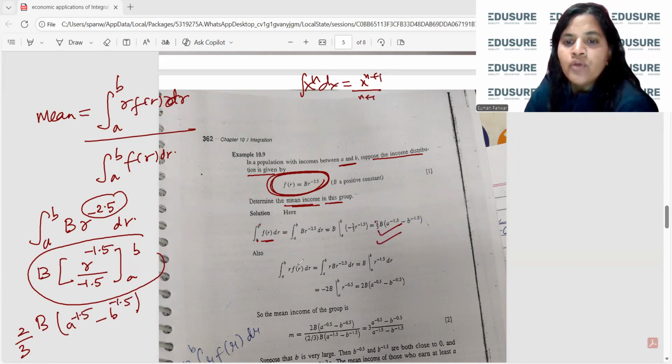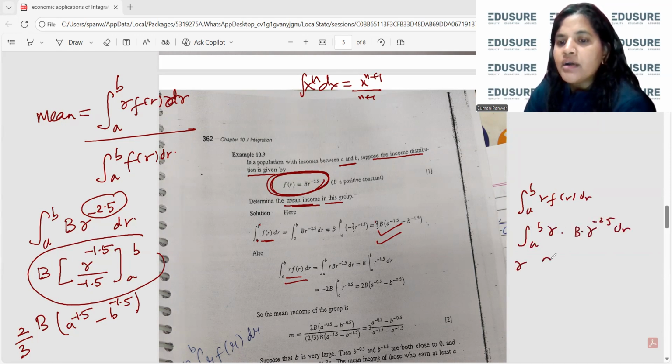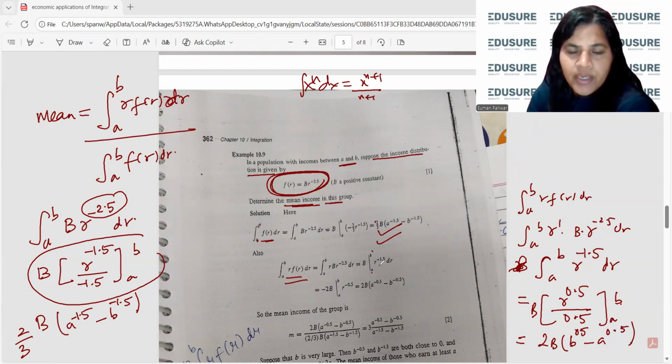Similarly, when we do the integral from A to B of R F R dR, it is the integral from A to B of R into B into R power minus 2.5 dR. So B comes out, R power 1 and R power minus 2.5 gives R power minus 1.5 dR. Let's integrate: R power 0.5 divided by 0.5, from A to B. B was outside, so this is going to be 2B times B power 0.5 minus A power 0.5.